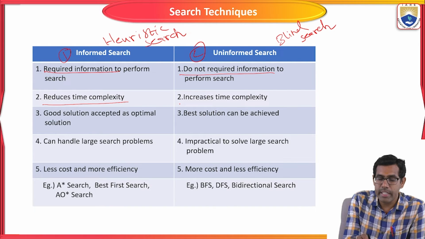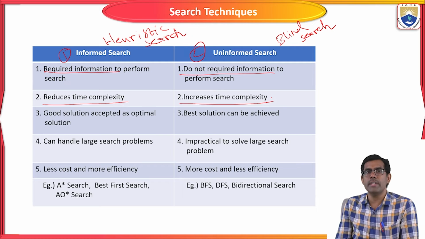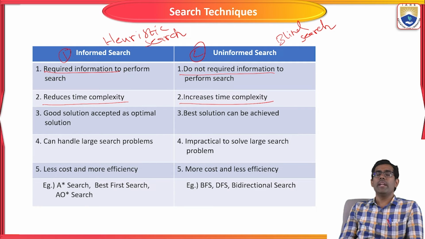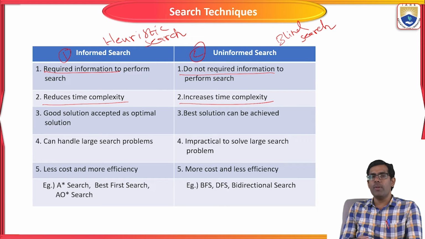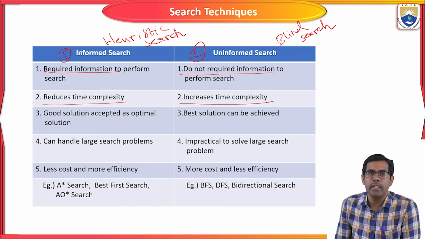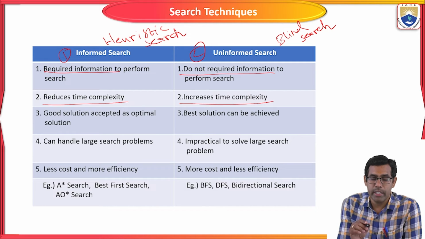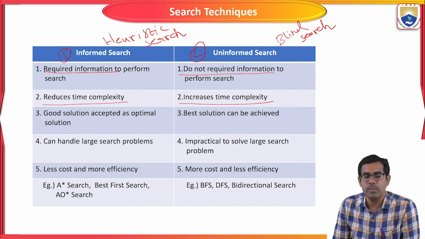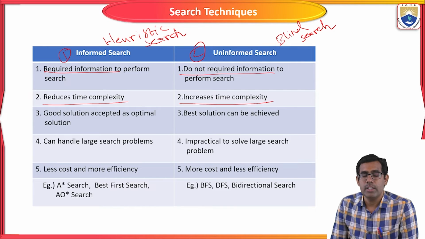In uninformed search the time complexity increases, the probability of time being more, because we don't have any information. Then we have to take more time to define the problem based on the problem statement, so we need more time to do the searching operation.